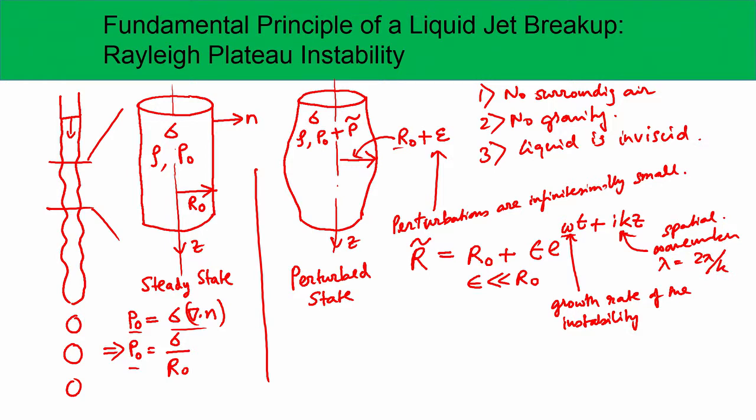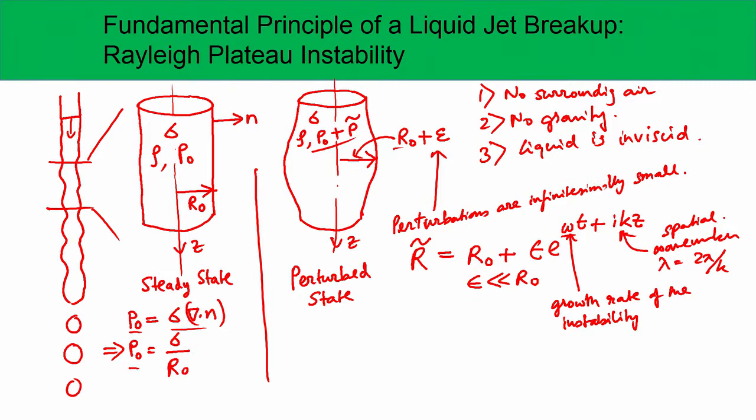Now that we have these perturbations on the radius, of course there are also velocity and pressure perturbations.